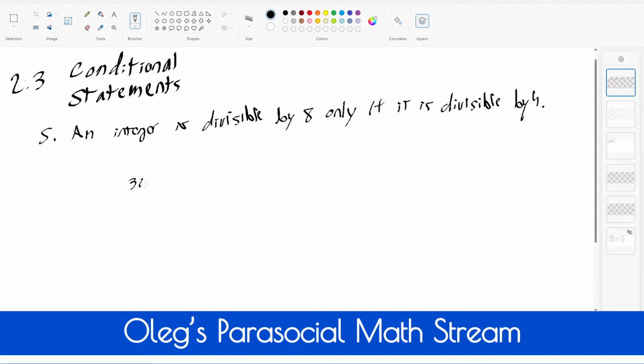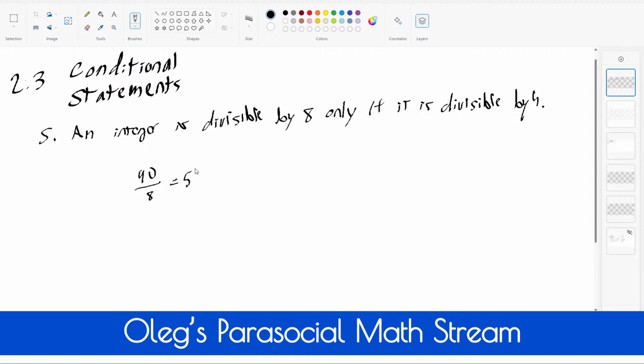Let's say 32. And that's divisible by 8, which is actually 4. So, probably a bad example. Let's just try one that doesn't give us 4. An integer is divisible by 8 only if it is divisible by 4.